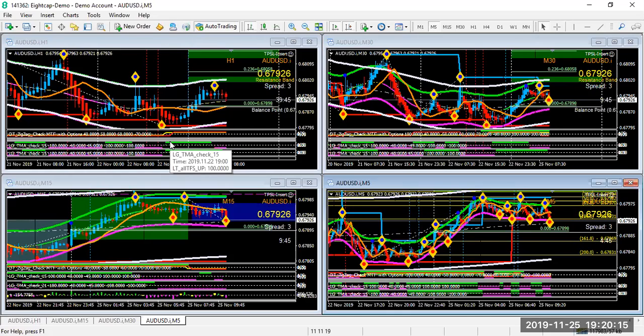So it's not hard to spot the very safest trades and profitable trades and be comfortable that the price action is not going to hit your stop level and that it's going to hit your profit target.